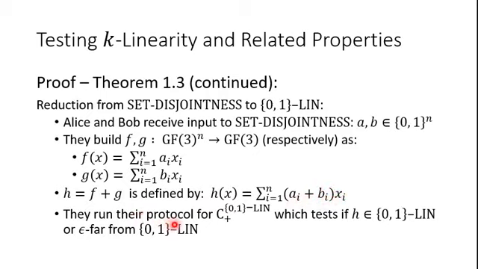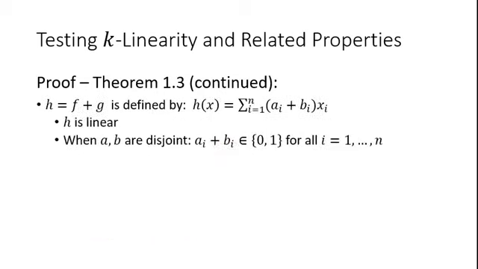What they do now is they run their protocol for the communication game to test 0, 1 linear with this function. And this communication game tests if h is in 0, 1 linear or epsilon far from 0, 1 linear. So from the definition of h that we saw just now, we can see, of course, that h is linear, first of all.